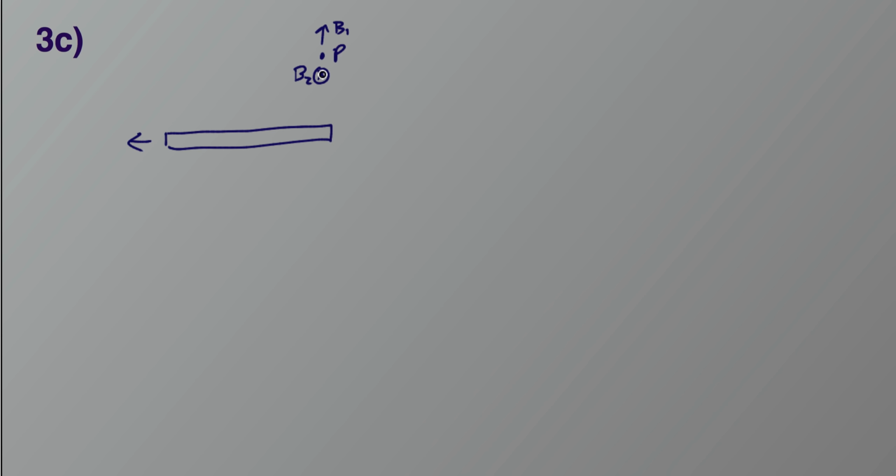So if I were to draw this, instead of looking at it straight on, I'm going to pretend I'm pulling myself over to the right and looking at it this direction. What I'm going to see is B2, which has a magnitude of 2B in that direction, and up I've got just B, the value of B1.